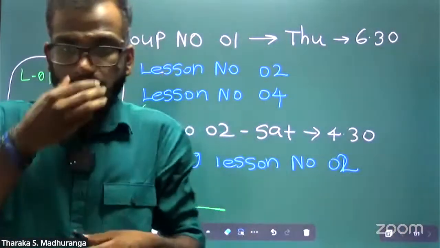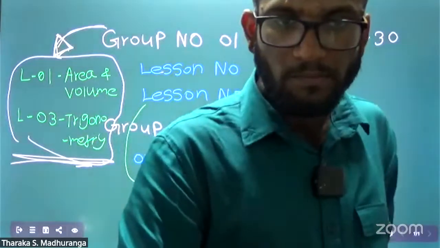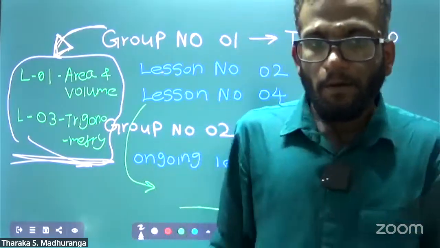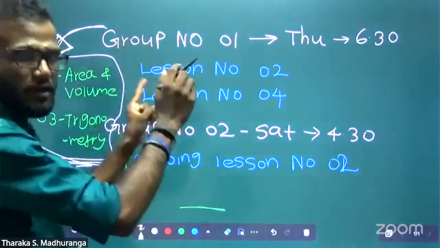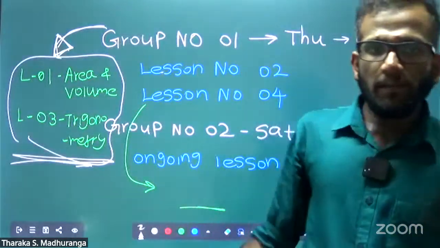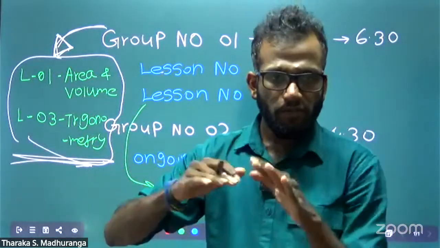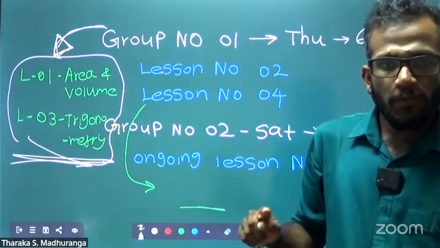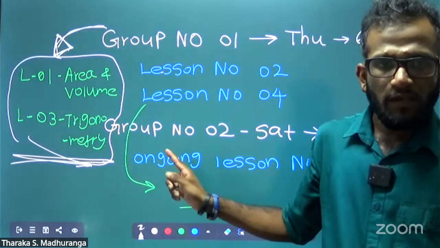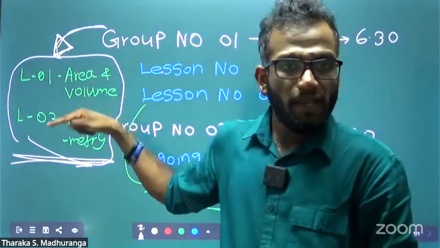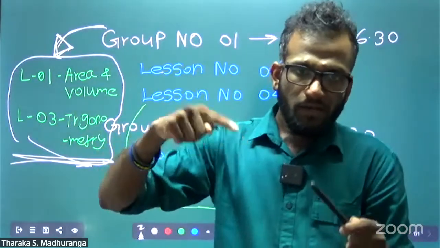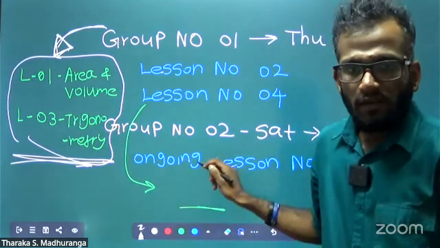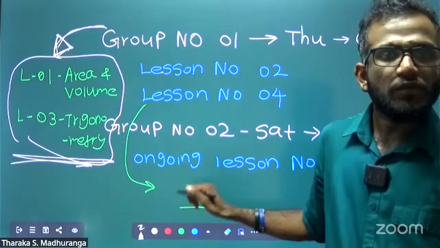Okay, now. I told you, in our group number 1, when we complete the first 4 lessons, for your group also I hope to complete these 4 lessons, because lessons 1 and 3 we can cover in the weekday class, and the weekend Saturday class we can continue these 2 lessons.